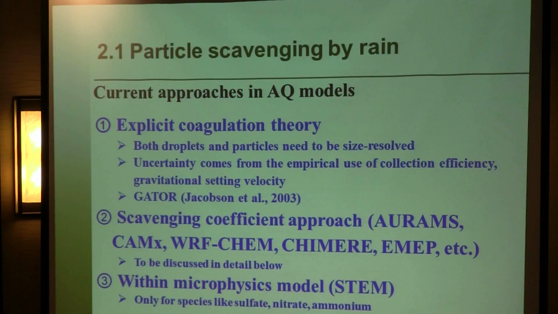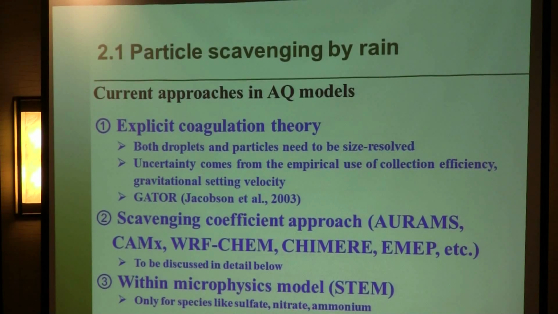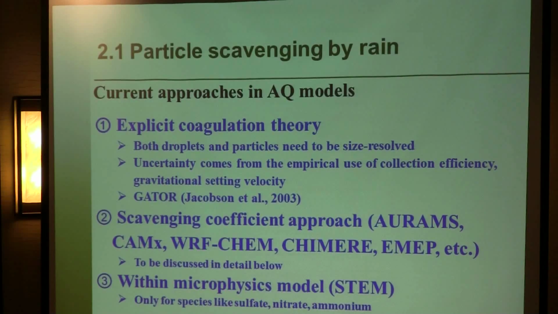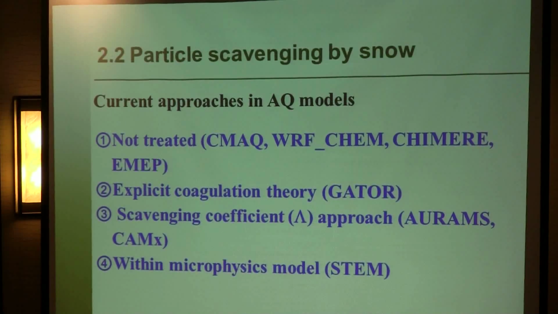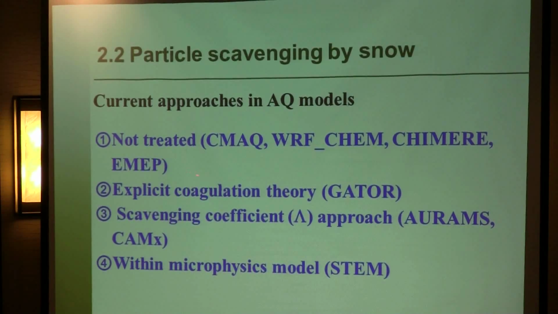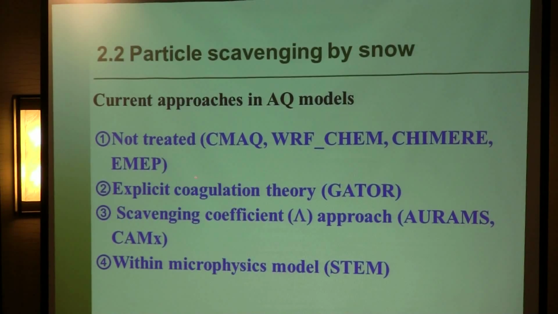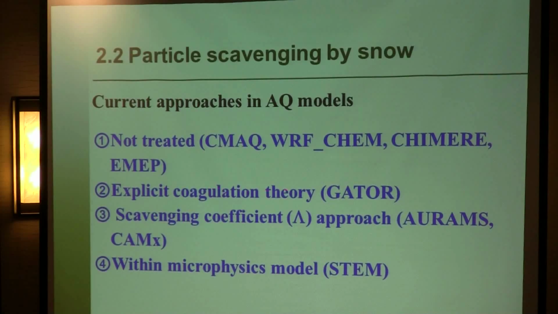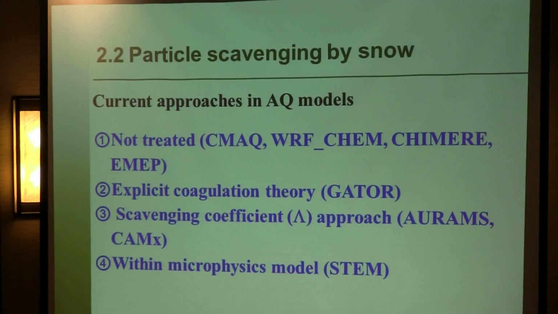One model has a microphysics model which couples cloud microphysics with aqueous phase chemistry, but it only deals with a few most commonly studied species such as sulfate, ammonium, and nitrate. For particle scavenging, some models don't even bother to consider that. Again, only one model uses the explicit coagulation theory, but most models use the scavenging coefficient.